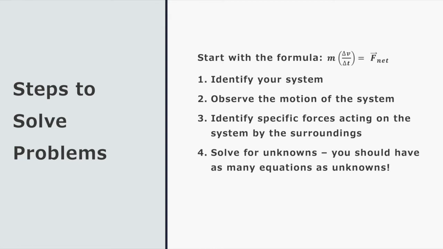After this, you need to identify specific forces acting on the system by the surroundings. So that could be forces that are in contact with your system, such as the floor, or someone pushing on it, or the rope pulling it. Or they can be forces that act at a distance, which are also gravitational or electromagnetic forces.